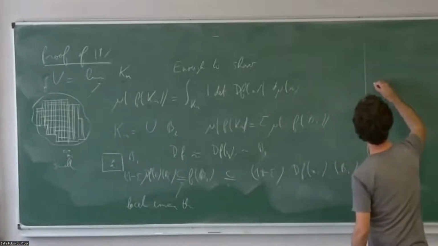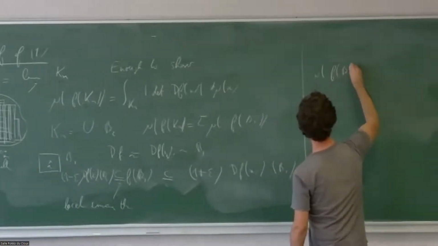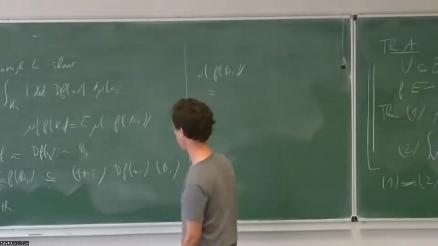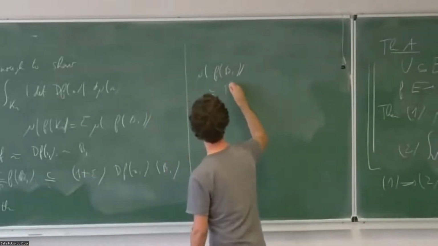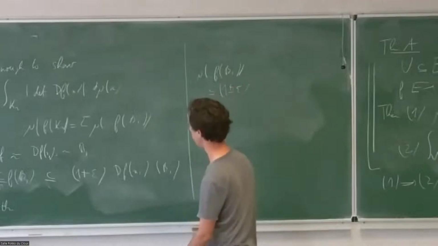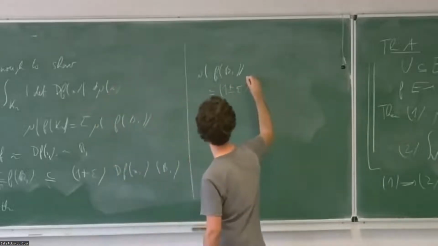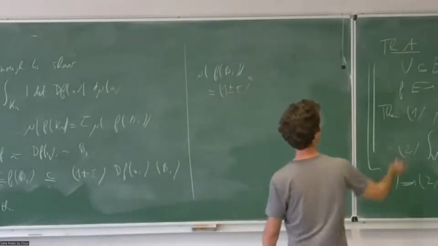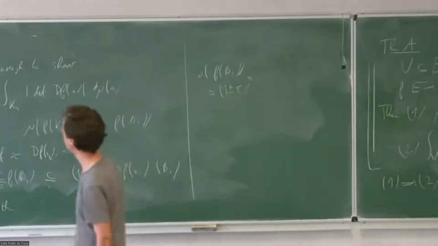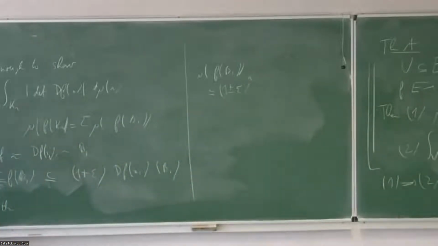So the measure of f of B_i will be comparable, up to say 1 plus or minus epsilon to the power of some dimension. Oh, sorry, I have an n here and n here. That's really bad.